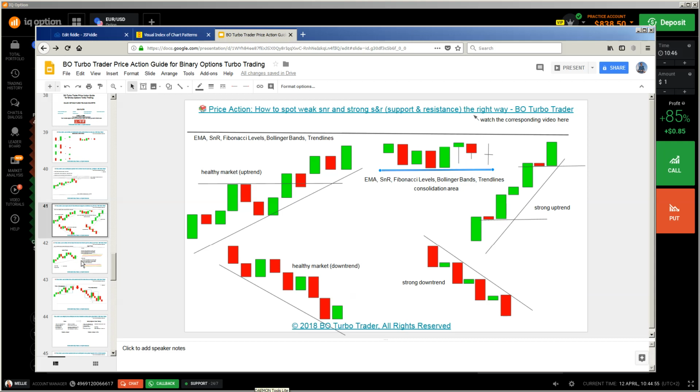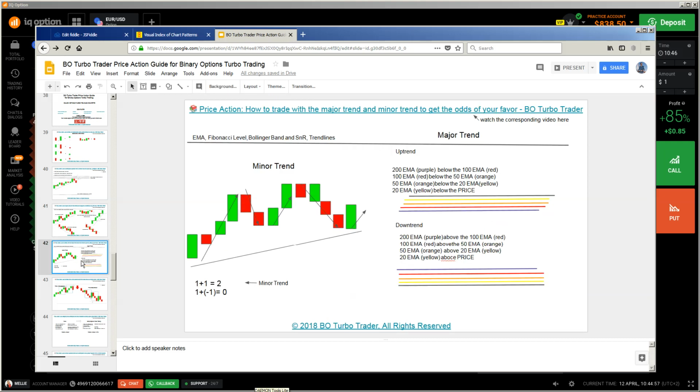Then watch the trend identification video. Yes, how to trade with the major trend and the minor trend in your favor. You have to understand that this is an uptrend. That means in a higher time frame, this will be a bullish candle. So we have an uptrend, but because the market is moving in waves, every uptrend also has minor downtrends. Those are the corrective cycles, those are retracements.